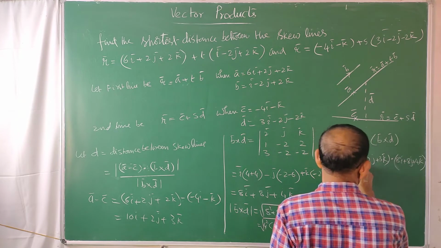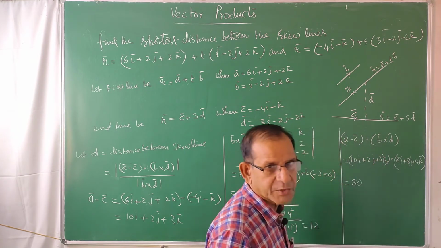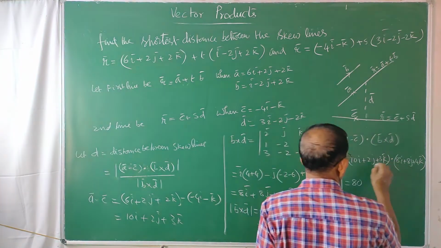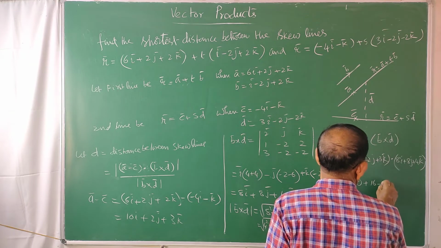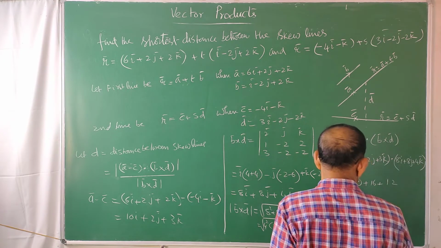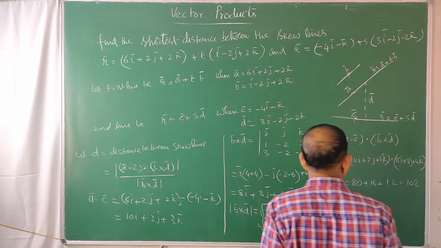That is 10 into 8, 80. That is a1 b1 plus a2 b2 plus a3 b3 because it is a dot product. Again 2 into 8, 16, plus 3 into 4, 12. 96, 98, 108. You keep it like that.